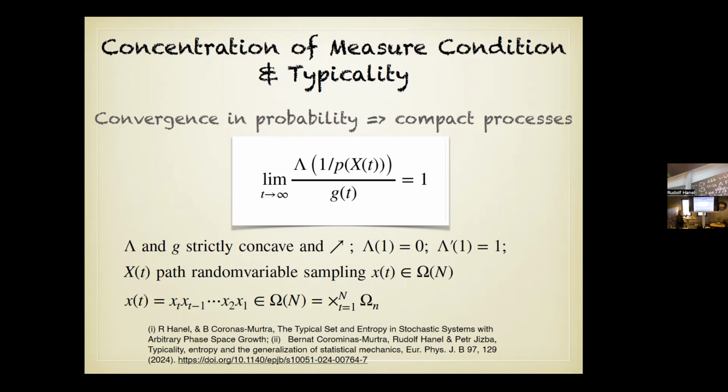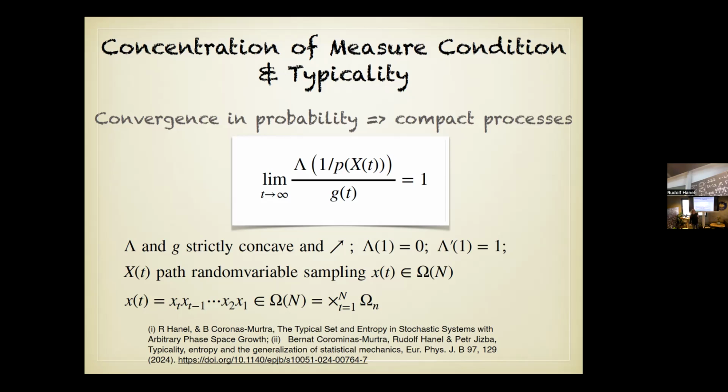And we have that the quotient of these two things. So we look at the probability of paths up to time t, so a path segment that is t time steps long, divided by g of t, and then take the limit t to infinity.